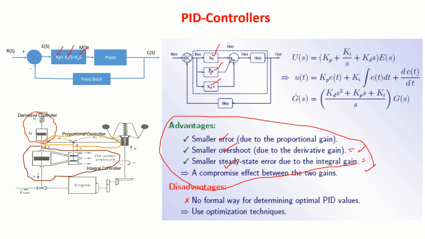Correct, that is very important. We state the steady state error should be so much, overshoot should be so much, and you should settle down in so much time. If that is the case, what the values of Kp, Ki, Kd should be is what PID controller design is all about.